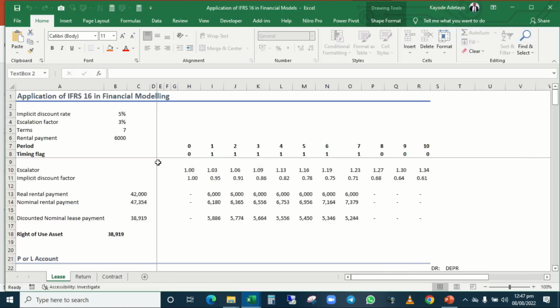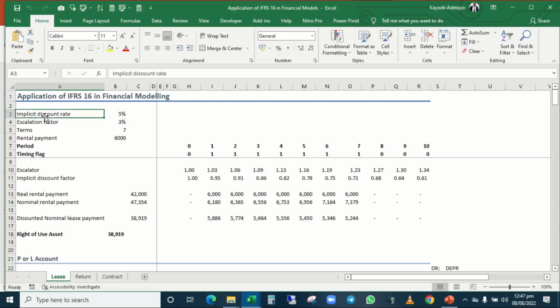So I have a little sample here, which I want to use to explain what numbers can be our assumptions regarding lease. One of the things that IFRS 16 brought is that to determine the value of the lease, or the value of the asset in a lease, you need to discount the series of payments made over the term of the lease, using the present value discount factor.